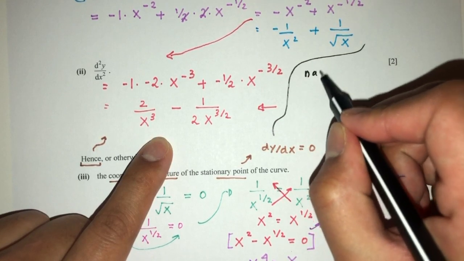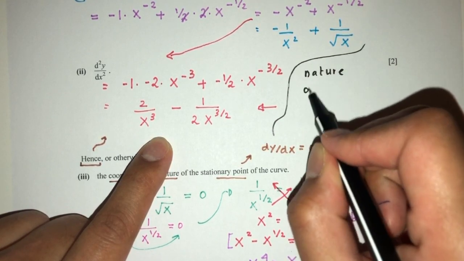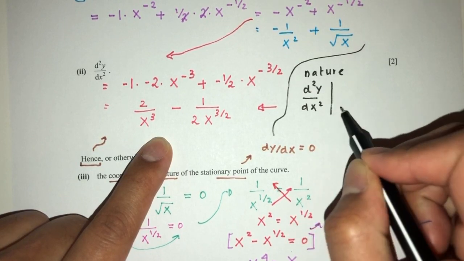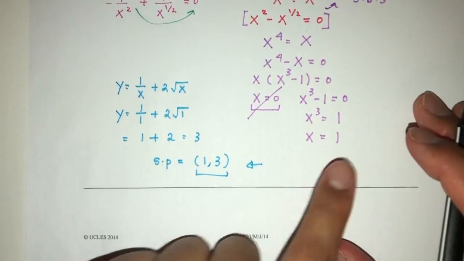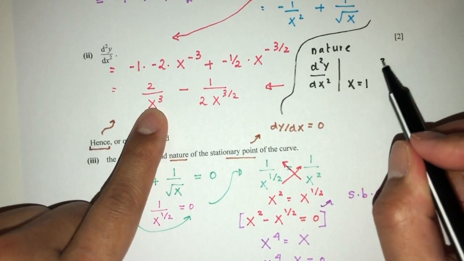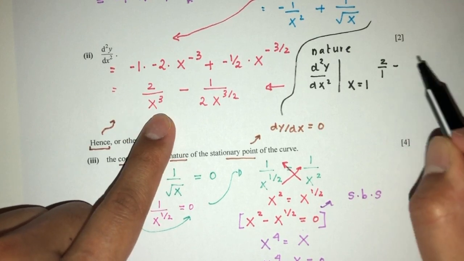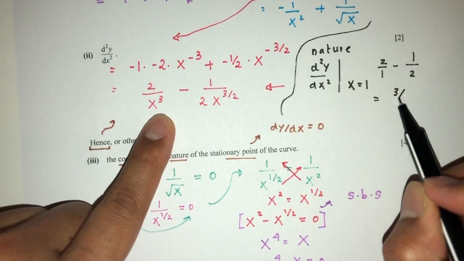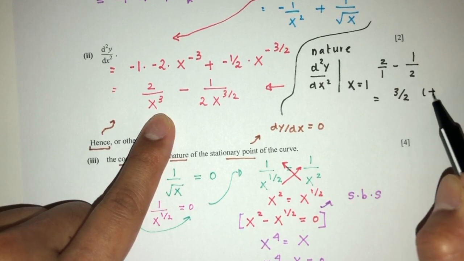The nature: we have to find the value of d2y by dx2 at x equal to 1, right? Let's use that. So replace, you will have 2 over 1 minus 1 over 2. That should give you 3 over 2, which is a positive value.